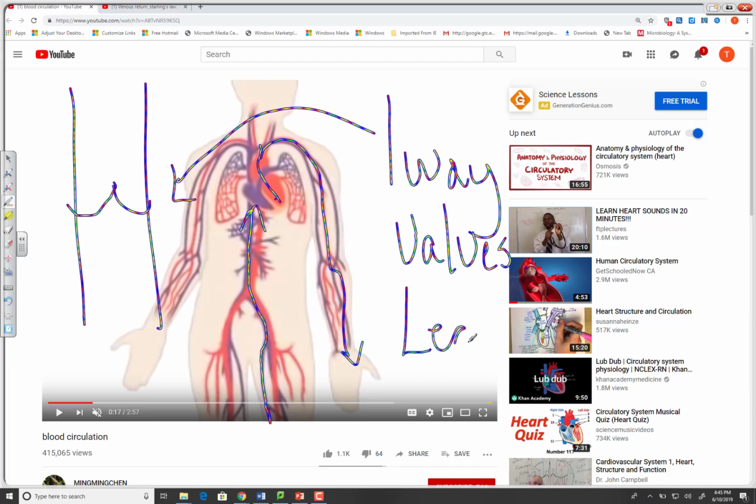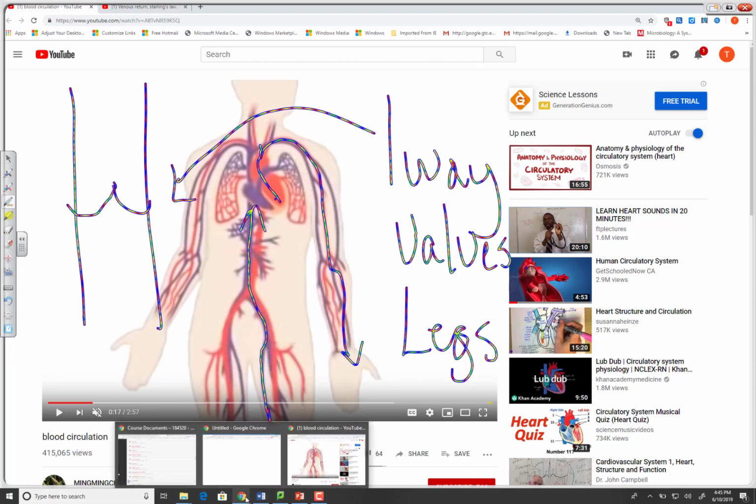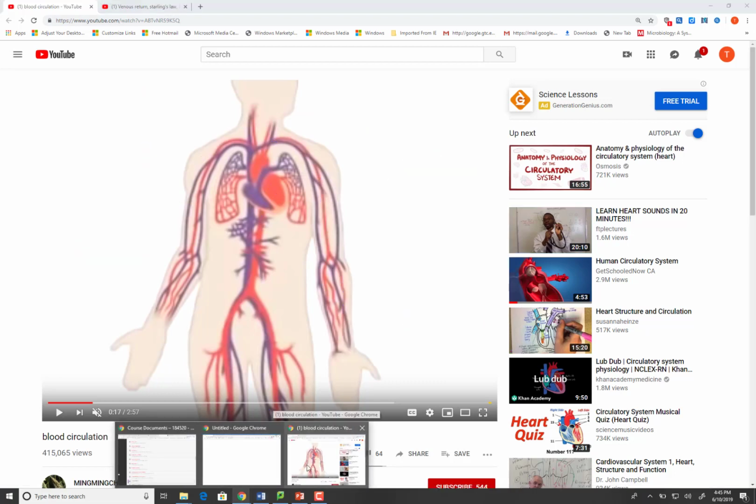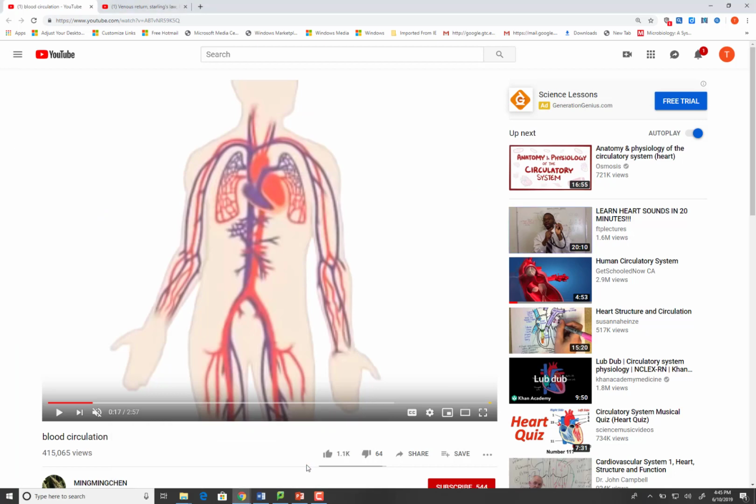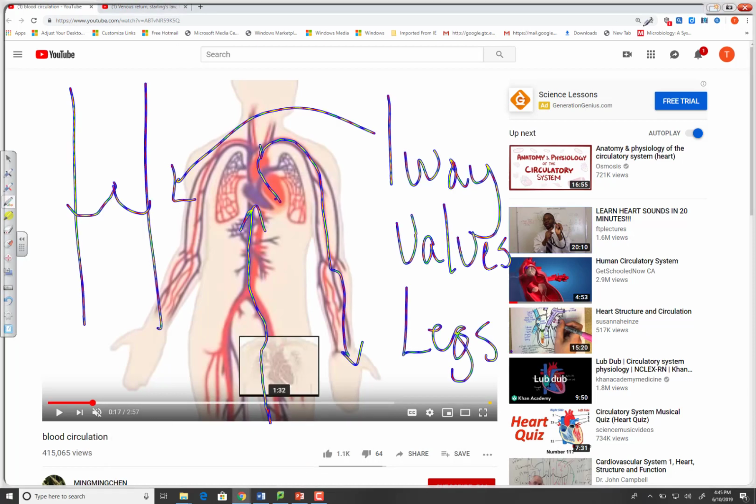In your legs. What do you do on occasion? You get up and you walk. And when you walk, you contract your leg muscles and you squish your veins.